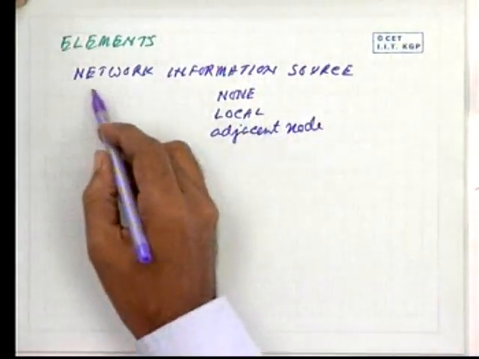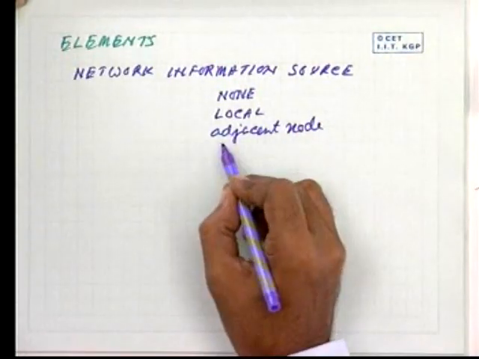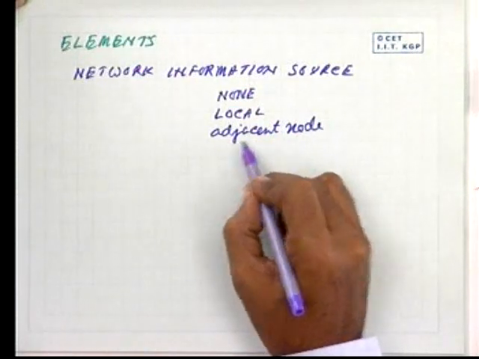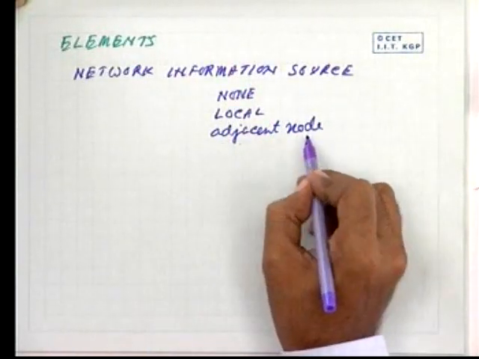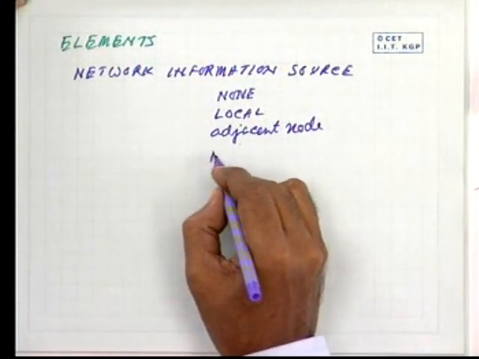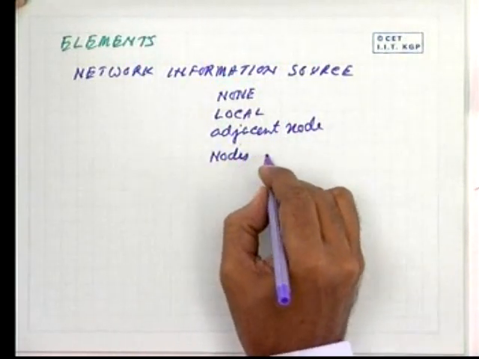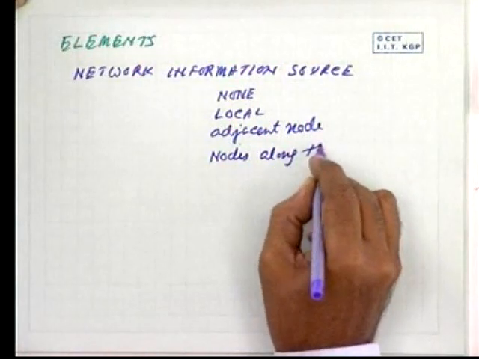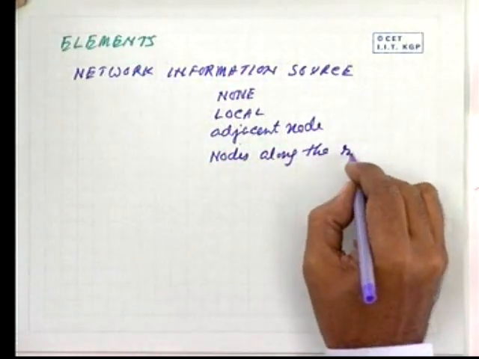So this is the algorithm in which information is taken from adjacent nodes, or it can be nodes along the route.